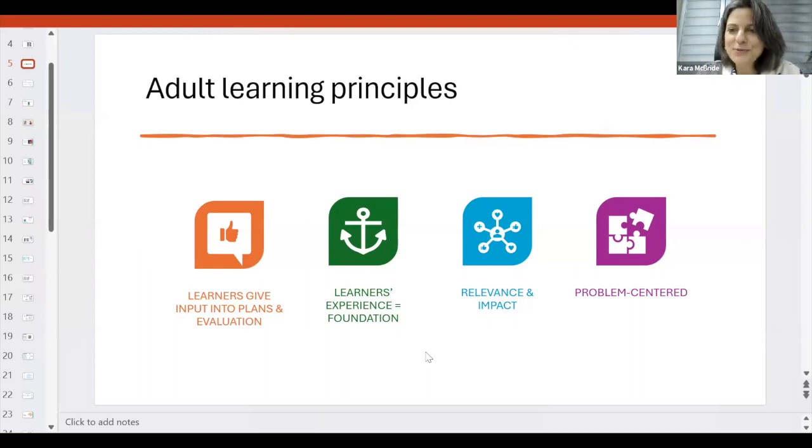Those are the adult learning principles. Are there any questions right now about any of these 4 points? Are you comfortable with those?